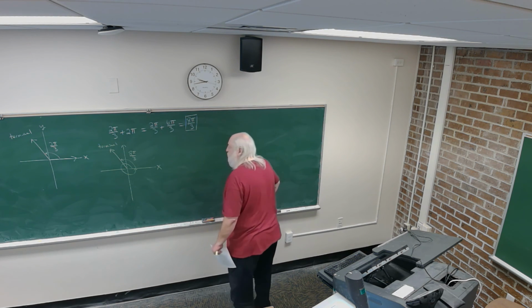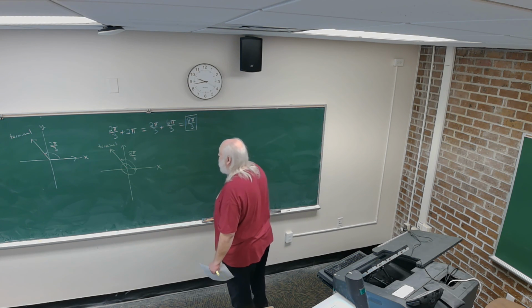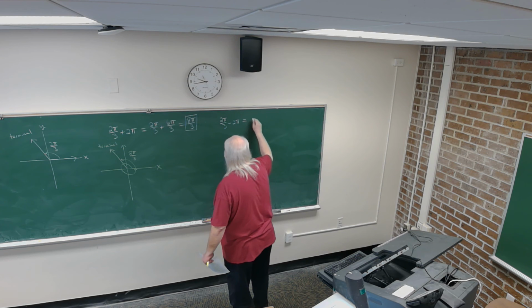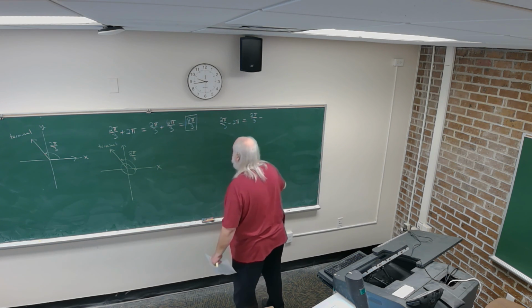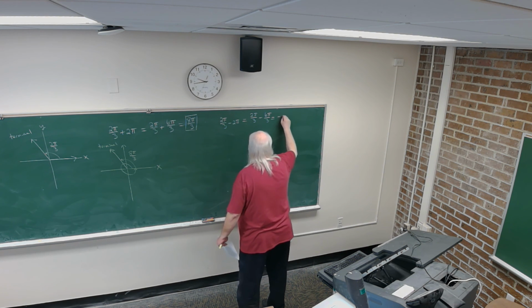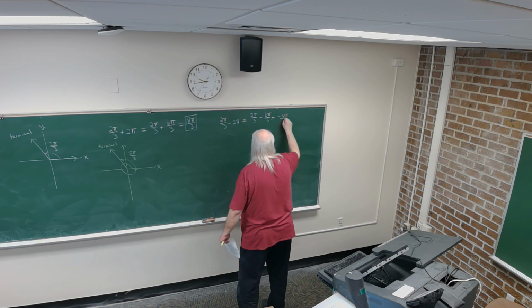Okay. Another way to find a coterminal angle for 2 pi over 3 is to subtract 2 pi radians. So we have 2 pi over 3 minus 6 pi over 3, which is equal to minus 4 pi over 3.